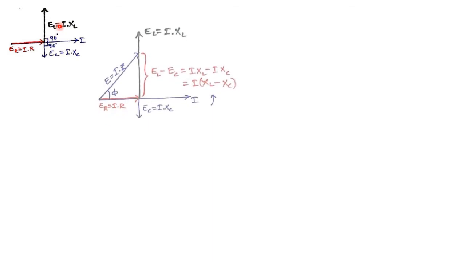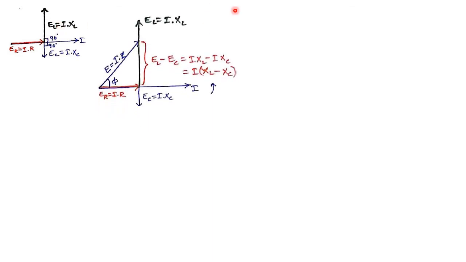And this is the same vector diagram that we have seen in the previous slide. Now this is the vector diagram for the RLC circuit when XL is greater than XC. Okay. So here we observe that the vectors EL and EC are exactly opposite to each other.